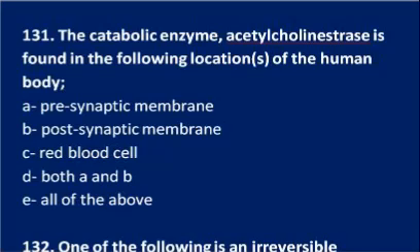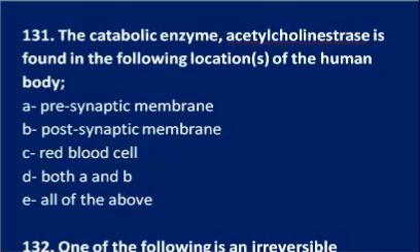Thank you. So our first MCQ of this video: the catabolic enzyme acetylcholinesterase is found in the following location or locations of the human body. So we have to identify the correct option.